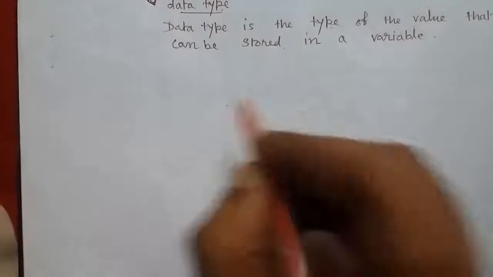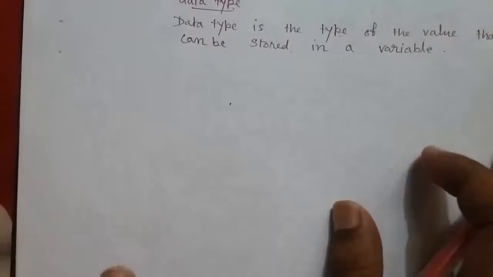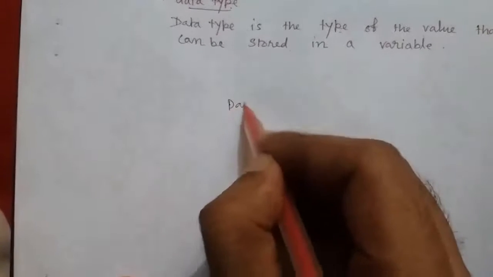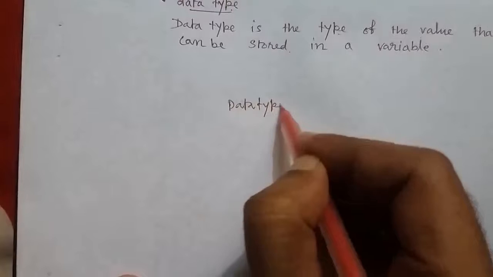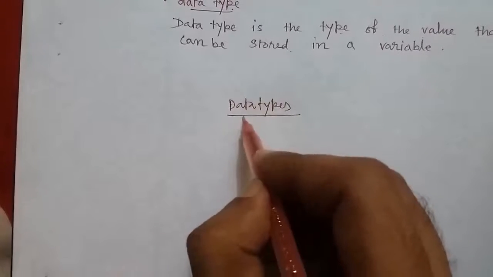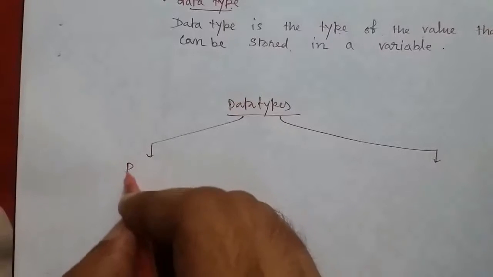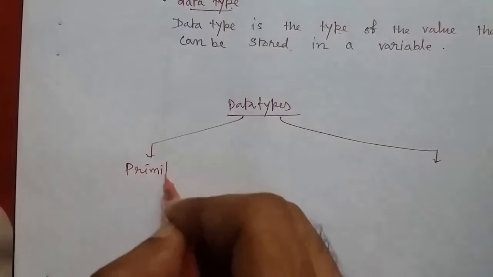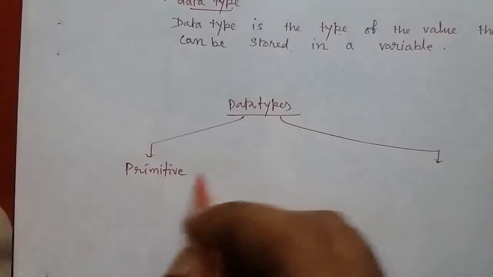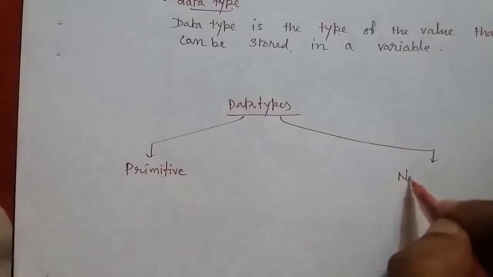The data types in Java I'm writing here. Data types in Java are mainly classified into two types. Number one is primitive type, and the second one is non-primitive type.